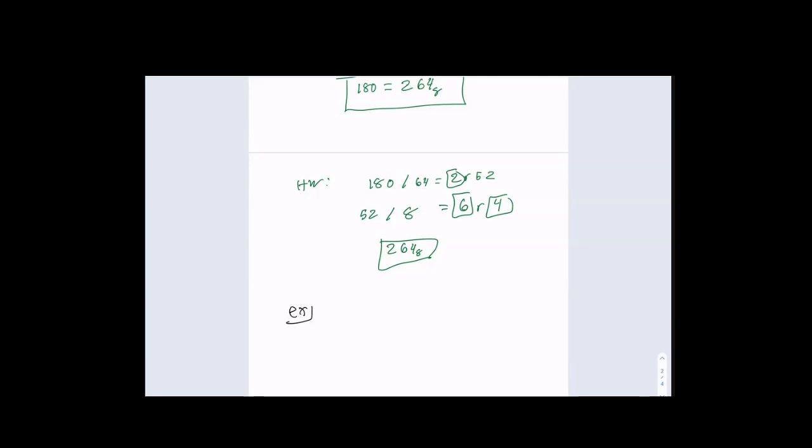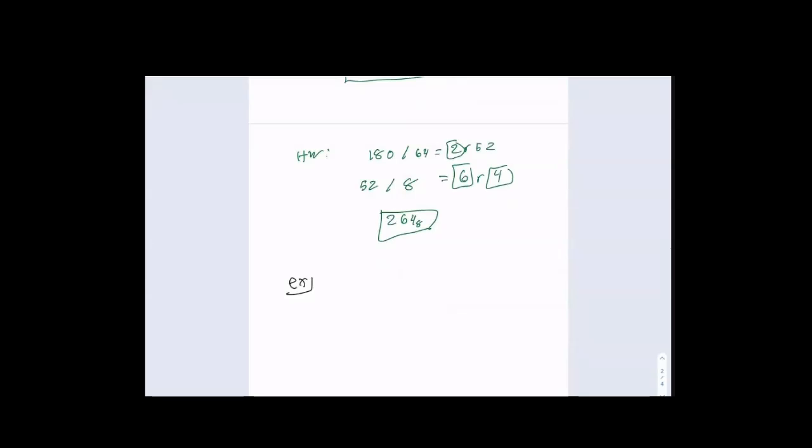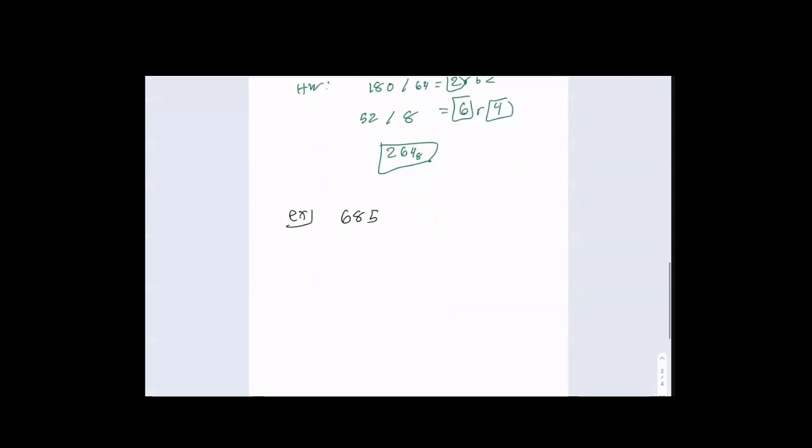Somebody, any number, and then we'll be done. Bigger than 512. 685, there you go, from TJ.